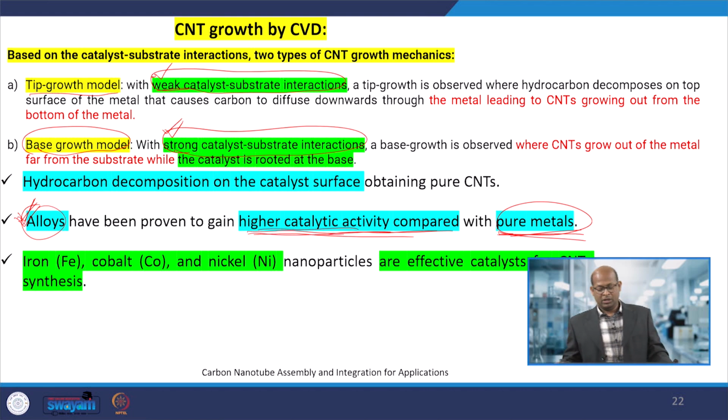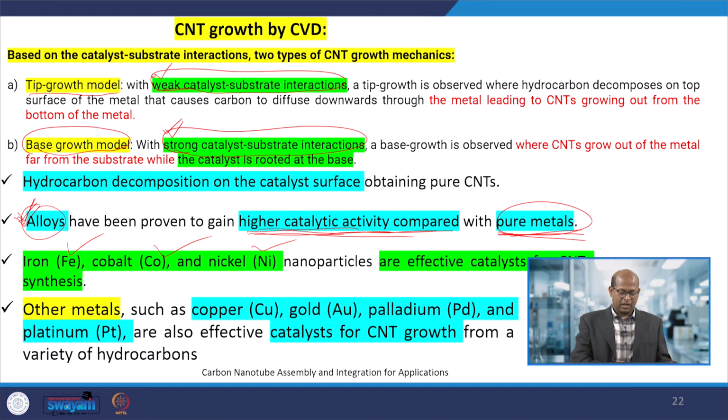In this process we can use iron, cobalt, and nickel for CNT synthesis. Other metals such as copper, gold, palladium, and platinum can also be used for CNT growth, depending upon our study or interest.